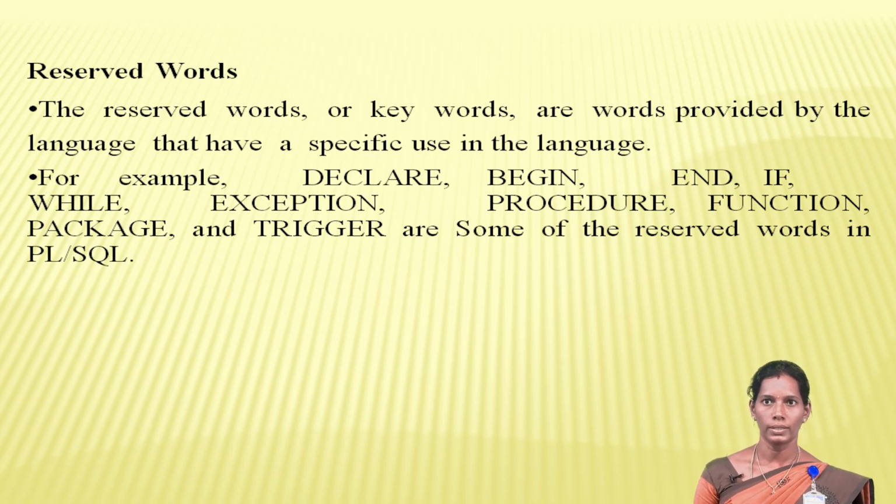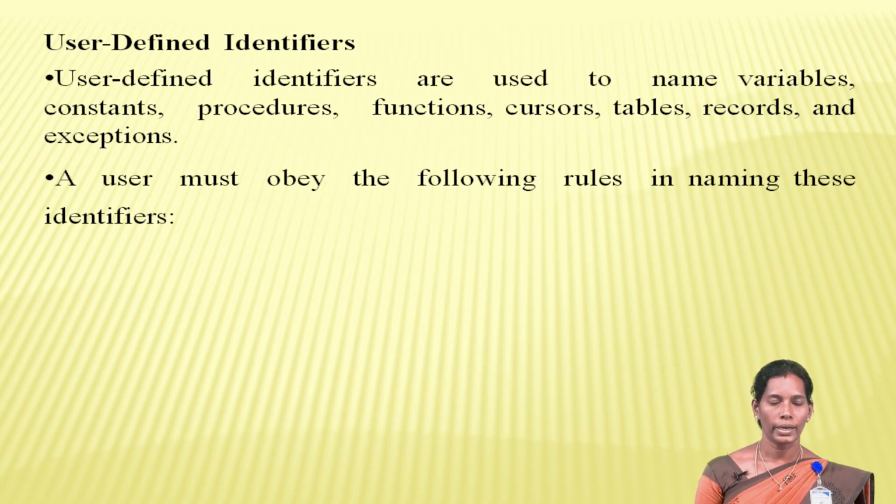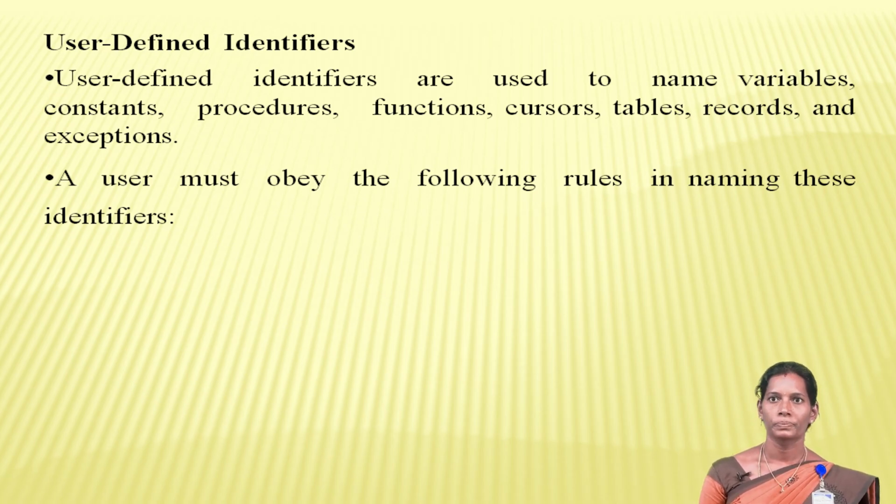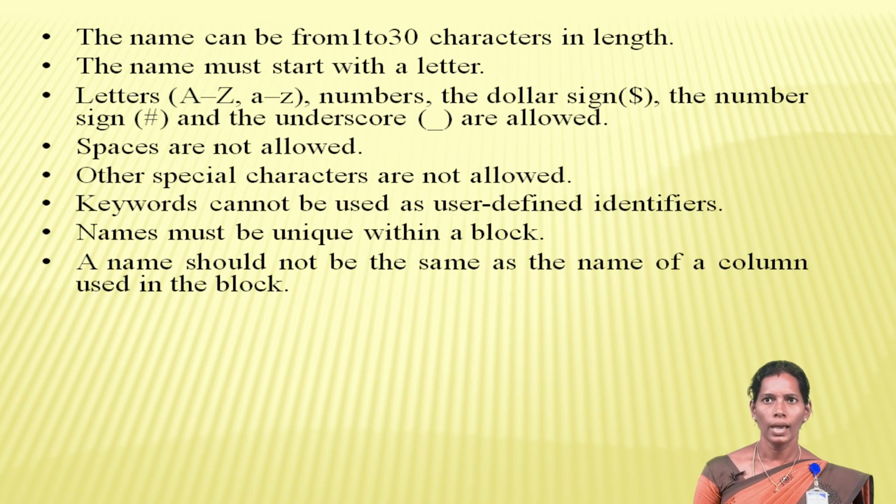User-defined identifiers. User-defined identifiers are used to name variables, constants, procedures, functions, cursors, tables, records, and exceptions. A user must obey the following rules in naming these identifiers. The name can be from 1 to 30 characters in length. The name must start with a letter.